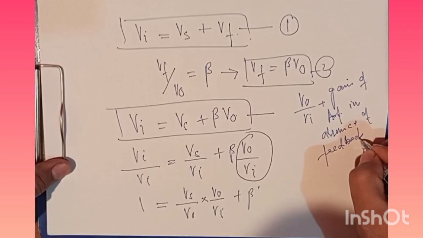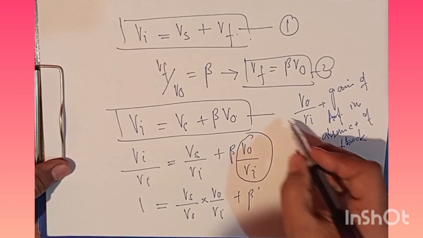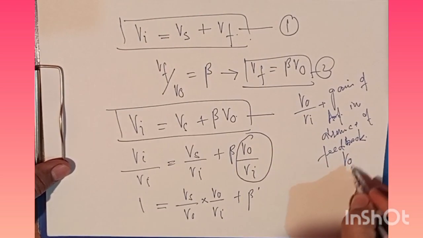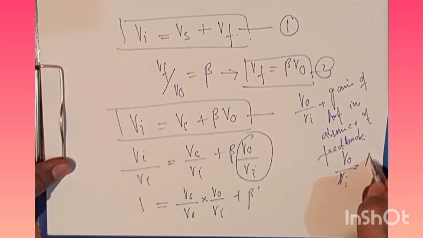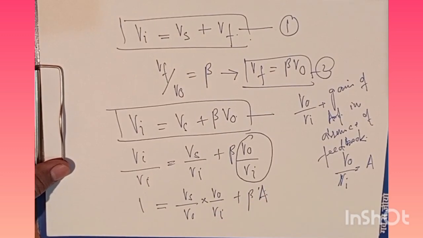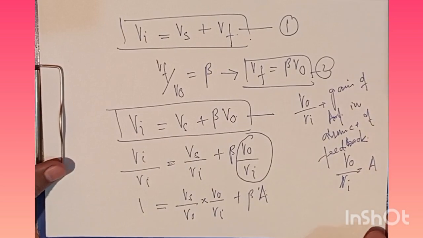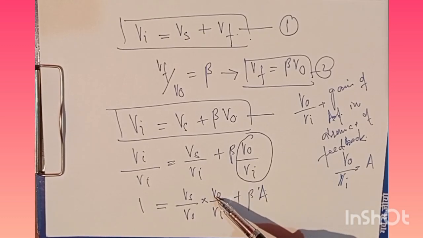I have a bad handwriting. So this gain we can represent as A. V out by Vi, I can show it as A. So here I'm using A. Now let's proceed. So what can we see here? We can see that this Vs by V out, and then we have V out by Vi.